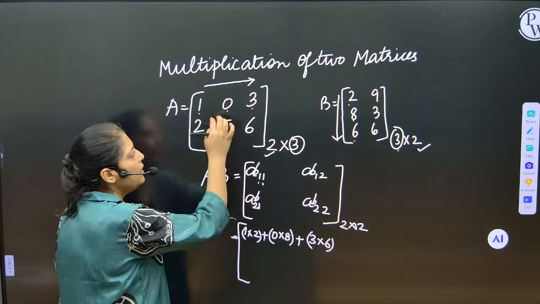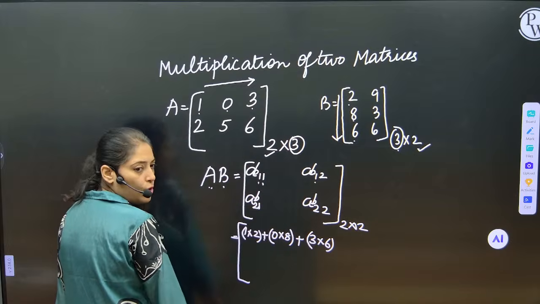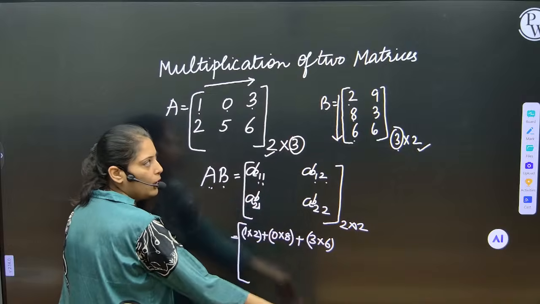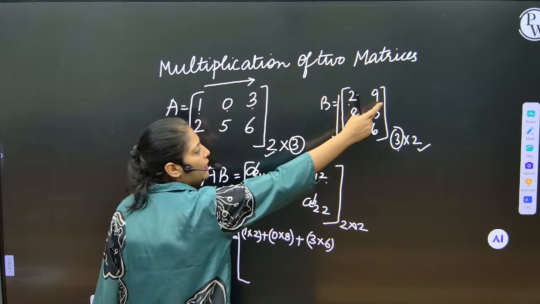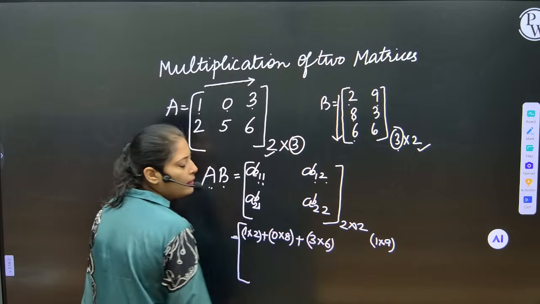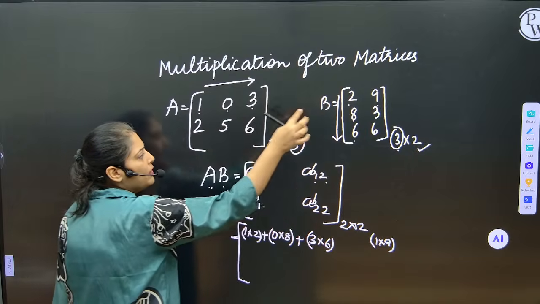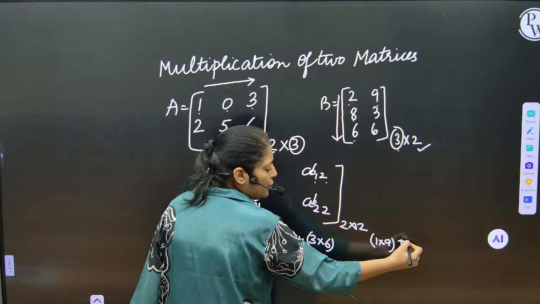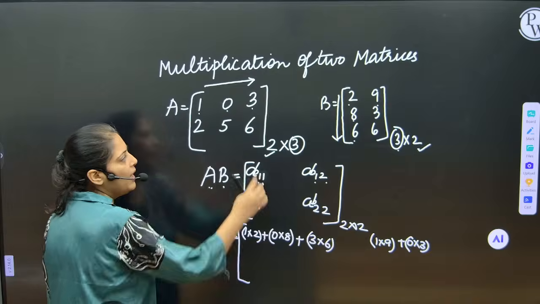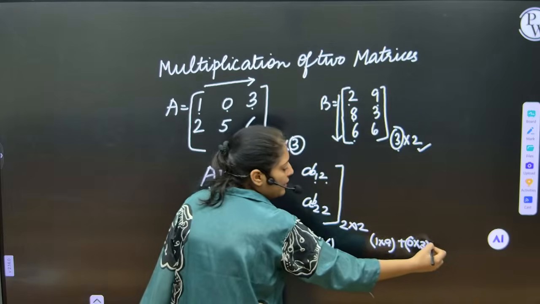Similarly, what does it mean? First row, second column. Now first row: 1 will be multiplied with 9. 0 will be multiplied with 3. And 3 will be multiplied with 6.